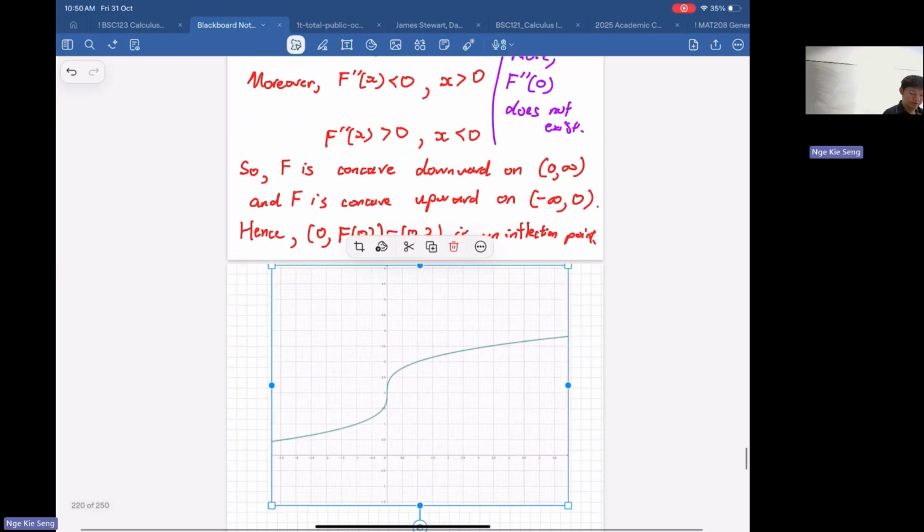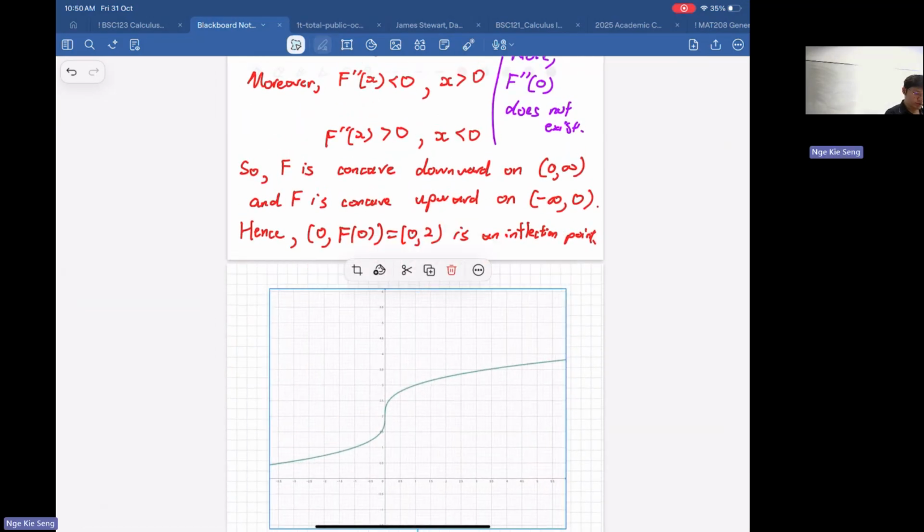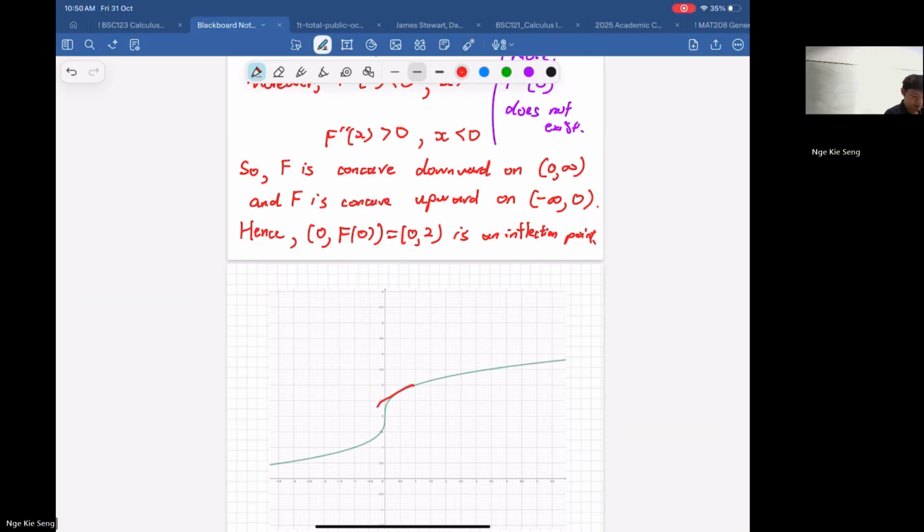So you can see that if you draw the tangent line, it's like this, right? And on the other side. Here is concave upward because your graph stays above your tangent line. The other side is concave downward.